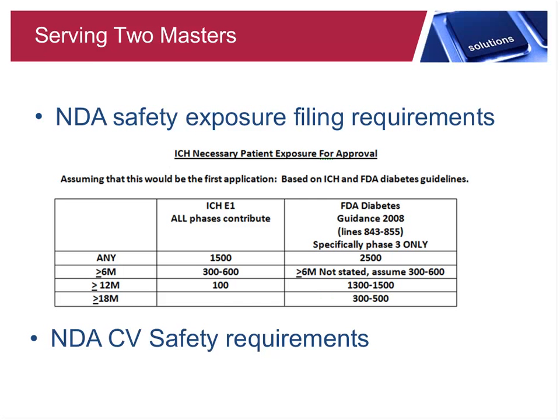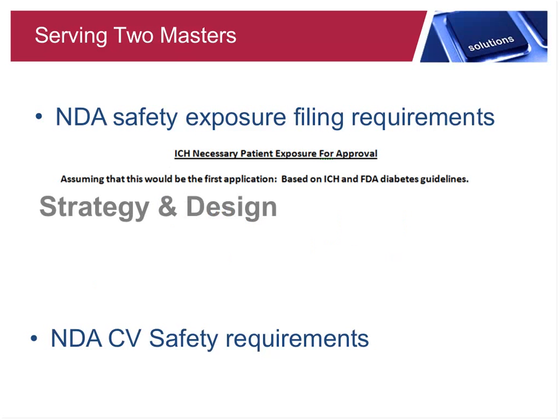If your cardiovascular outcomes trial is very large and starts very early in your program, it is possible that you could have the number of events that would allow you to submit the NDA upon meeting the 1.8 threshold before you actually had the requisite safety exposure to file the NDA. That is 2,500 exposed during phase 3 and 300 to 500 for greater than or equal to 18 months. And so the trade-off between these two masters is something to be considered as a phase 3 program is designed.